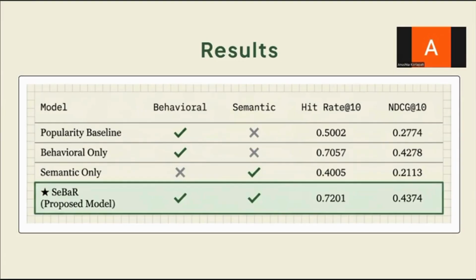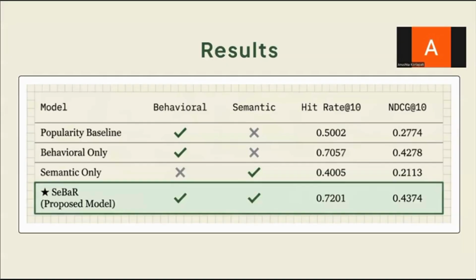The behavior only model improves this to around 0.706, whereas the semantic only model lowers the performance to around 0.4. But the semantic hybrid behavioral model performs the best with a hit rate of around 0.72 and the NDCG of around 0.437. This shows us that combining behavioral interaction patterns with semantic metadata gives the strongest recommendation performance.